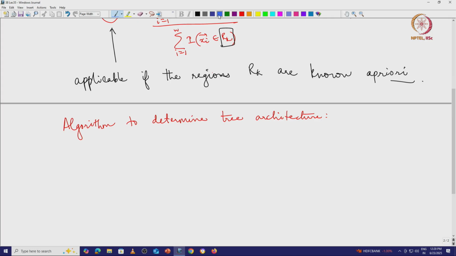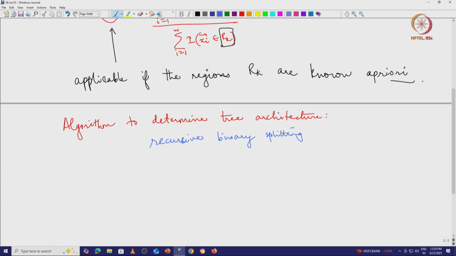So this is a greedy algorithm which tries to maximize the accuracy of the prediction at every stage. It is recursive because it has to be done again and again as you keep on branching the tree. It is binary because at every point you only branch the tree into 2. So that is why it is called recursive binary splitting.